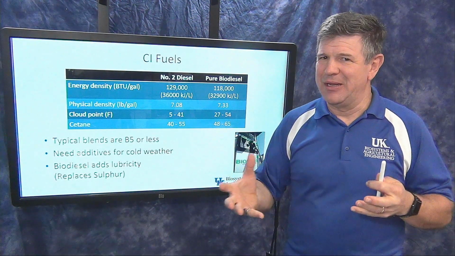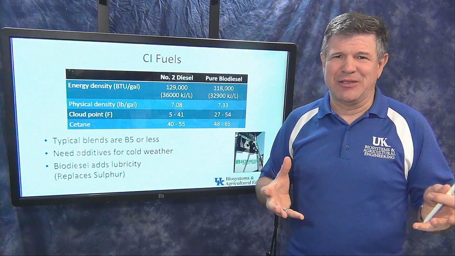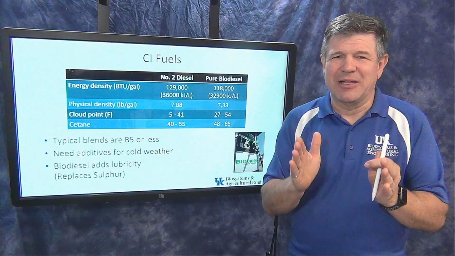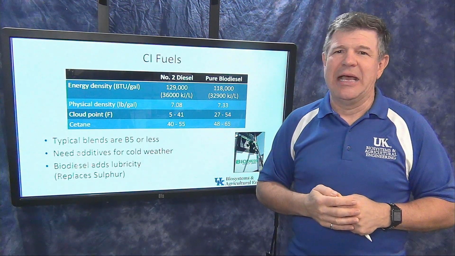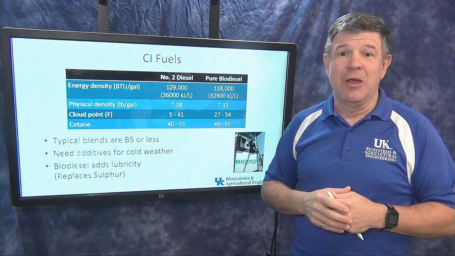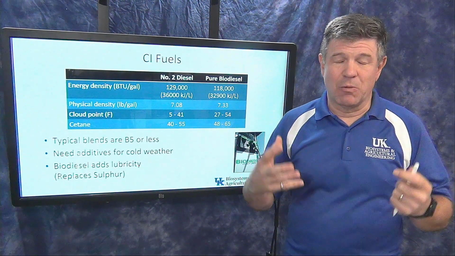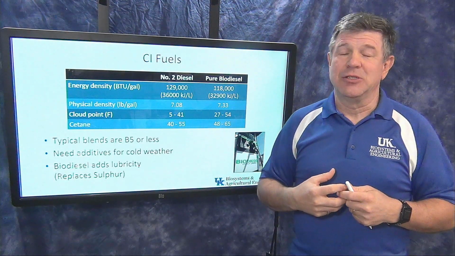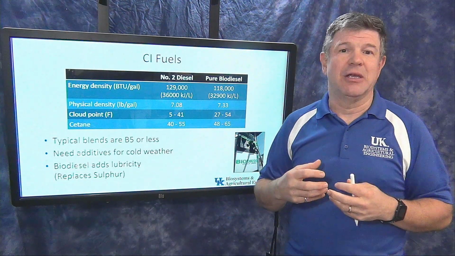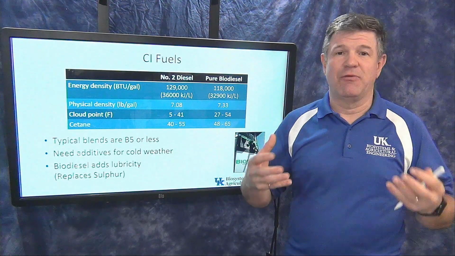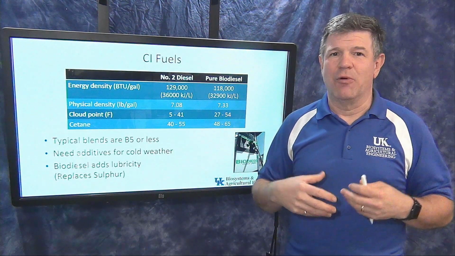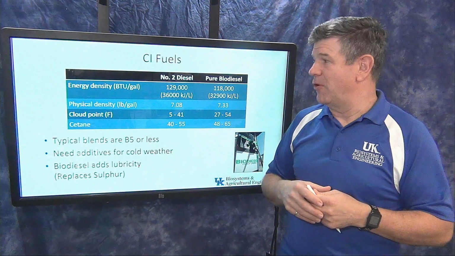So diesel can be a lot of different things. It's not as tightly regulated in terms of standards as gasoline is. So especially if you're buying bulk on a farm or something like that, you can work pretty specifically with your supplier to make sure that you're getting exactly what you expect and you have the fuel exactly what you need for your particular climate and so forth.